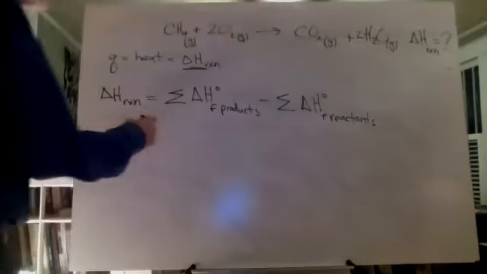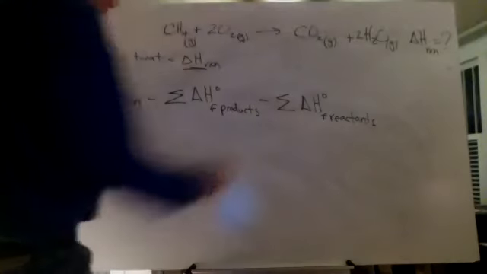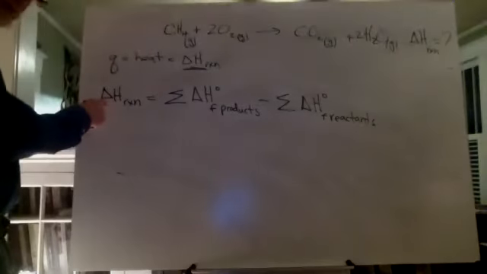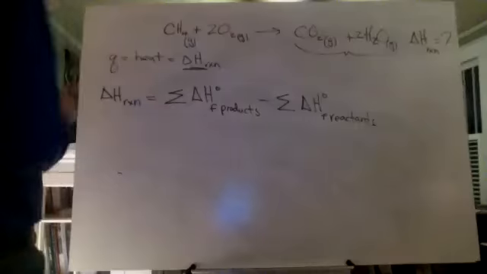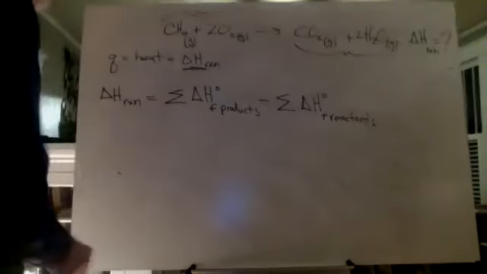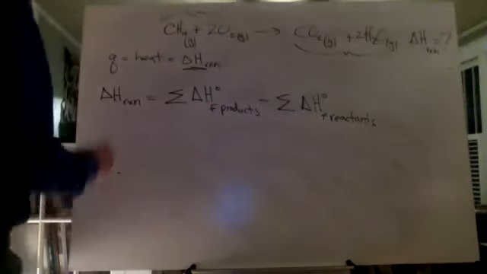And notice this is just a final minus initial kind of calculation. Remember, delta is the change, and the change is always the final state minus the initial state. And in chemical reactions, the final state is the product state, and the initial state where we started is the reactants. So we just have to fill out this equation.